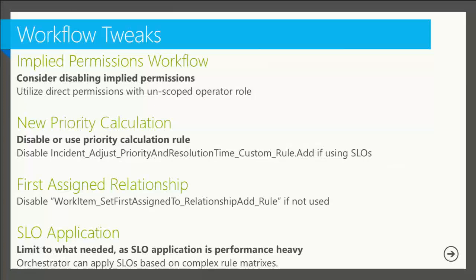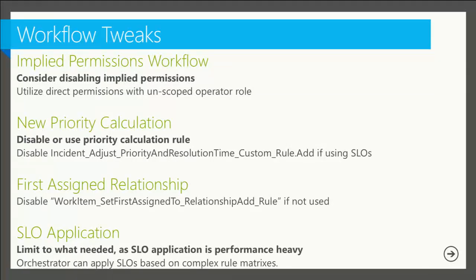Also, SLOs. SLOs have a ridiculously heavy performance impact on the system because they run 4 different operations, and they have to run on a regular basis. So sometimes we've seen that SLO application can be relatively performance heavy, and it can have a negative impact on the system in general. Note that you shouldn't have 100 SLOs unless your system can keep up.